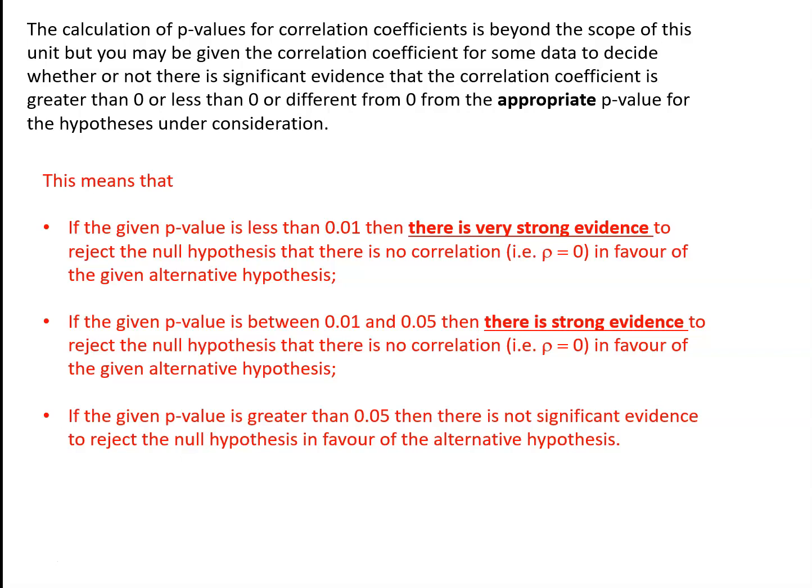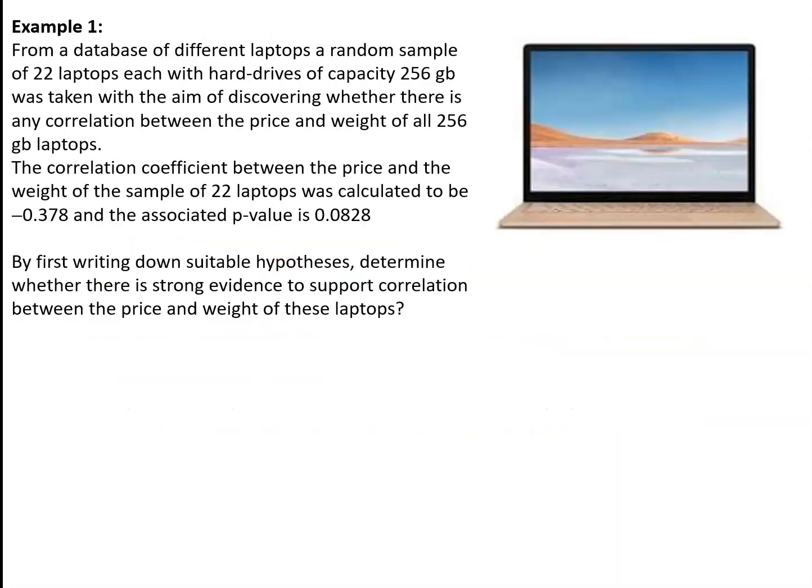So let's have a look at this in terms of an example. From a database of different laptops, a random sample of 22 laptops, each with hard drives of capacity 256 gigabytes, was taken, with the aim of discovering whether there is any correlation between the price and the weight of 256 gigabyte laptops.